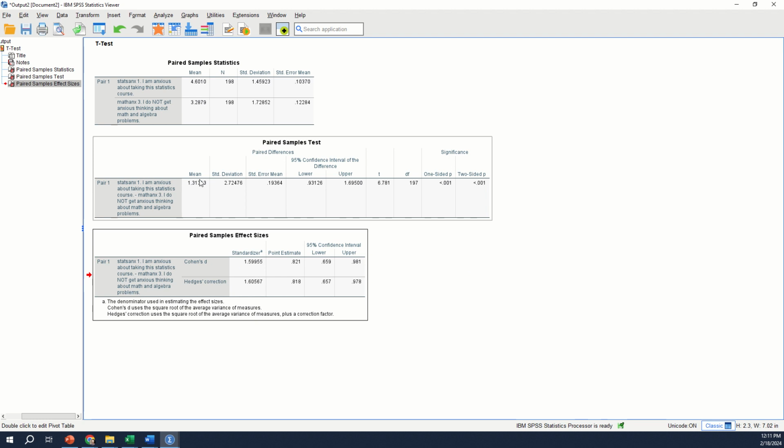SPSS has taken the mean difference divided by the pooled standard deviation, and that gives us our Cohen's d value of 0.82. According to Cohen, 0.82 is a large difference. Anything 0.8 and above is a large difference, and medium and large differences should be important.